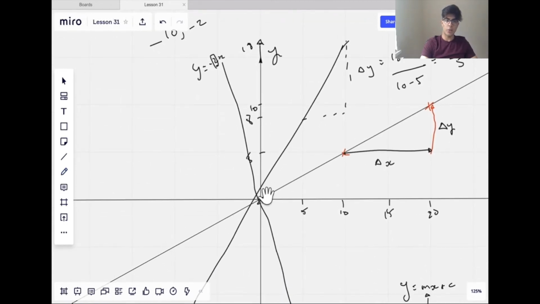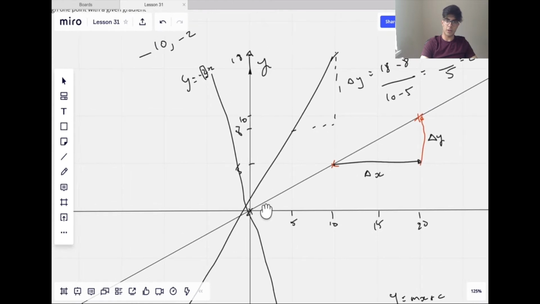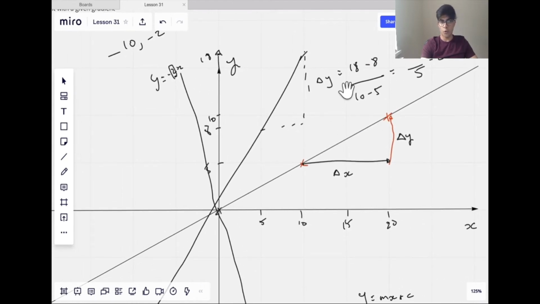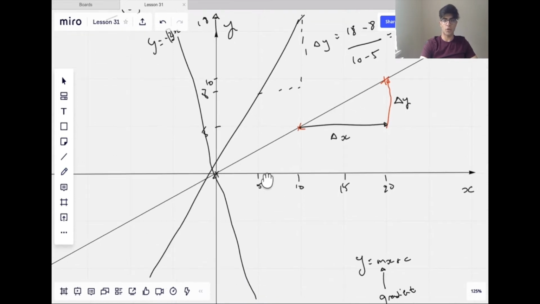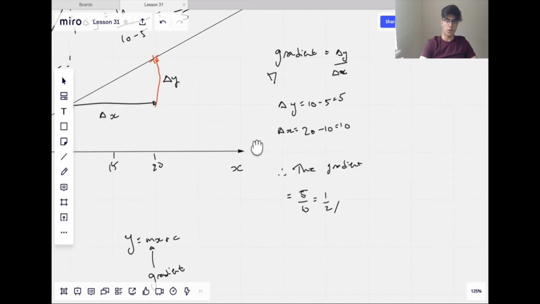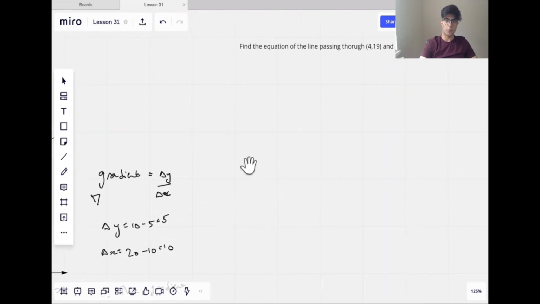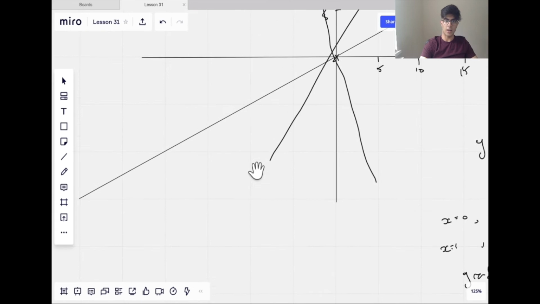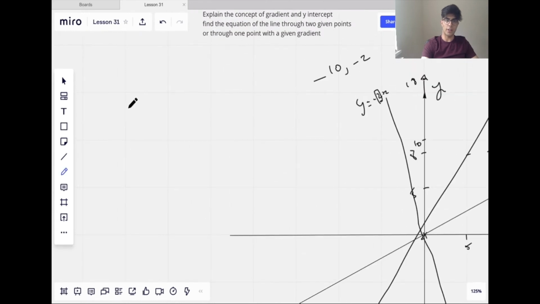And now that we've talked a bit about the gradient, we know how to find the gradient from 2 points. If we say, find the gradient of the line that passes through the points, say, 7, 8, and 12, 15.